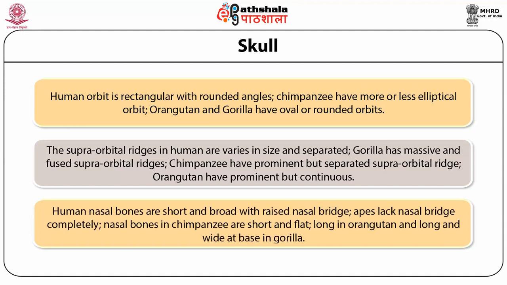The nasal bones in humans are short and broad with a raised nasal bridge, but apes lack a nasal bridge completely. The nasal bones in the chimpanzee are short and flat, long in the orangutan, whereas the nasal bone in the gorilla is long and wide at the base.